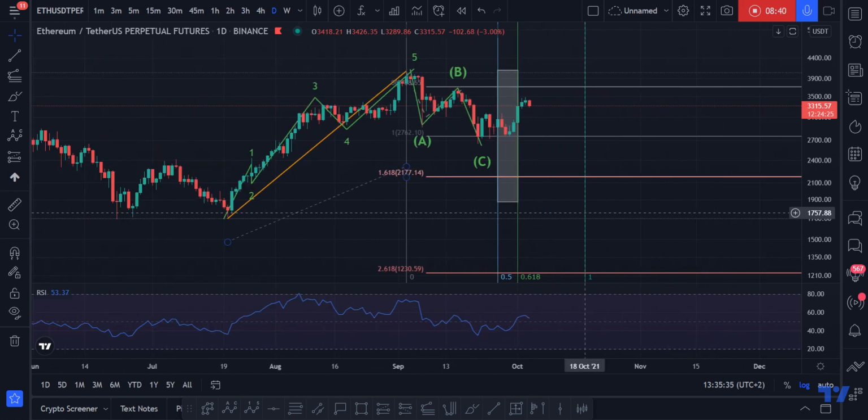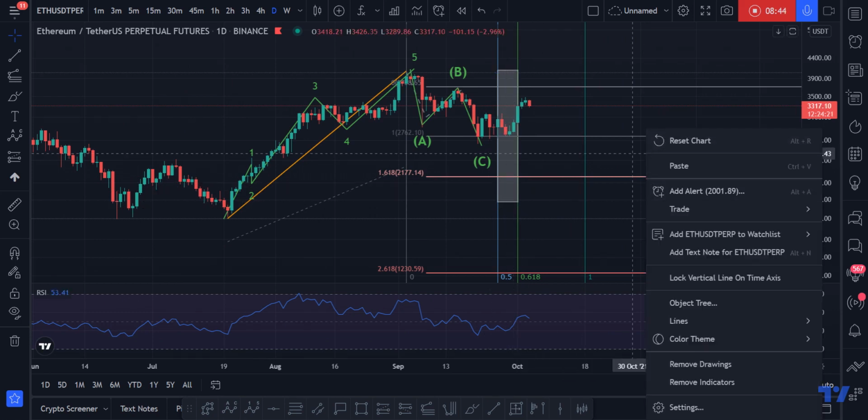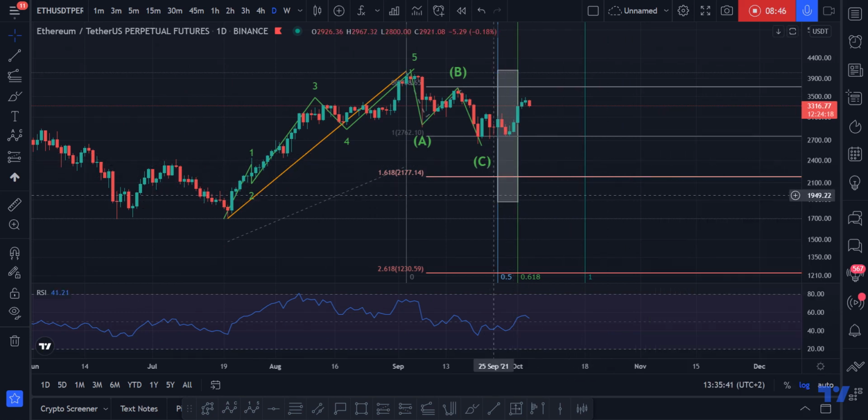Okay, but it's not important at the moment. I just wanted to show you how to use Fib time analysis as a helpful tool to estimate when price can finish a corrective move in time.